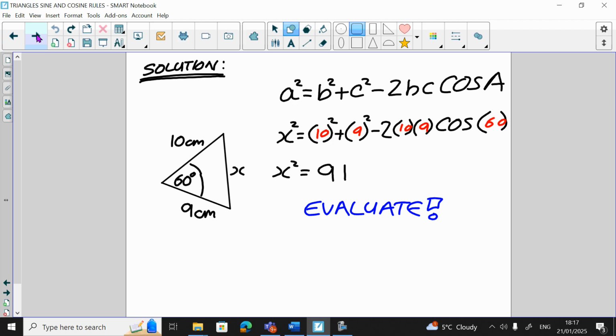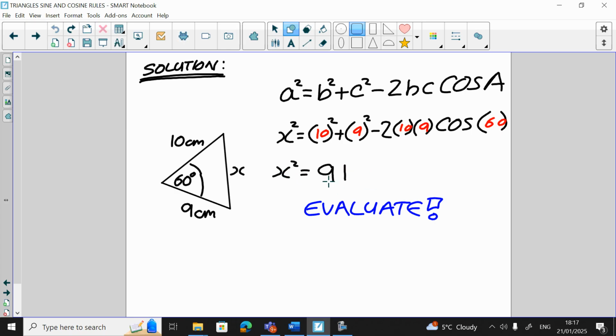91. So it's finished? I don't think we have, because we are looking for x, and that's x squared. So something times something. So we need to undo the something times something to get back to x. The opposite of x squared, hopefully you know, is the square root.